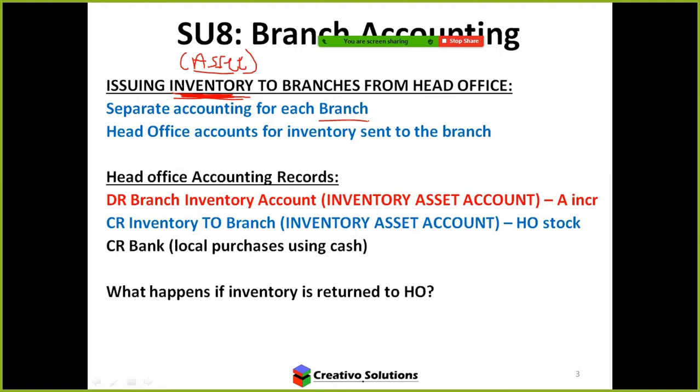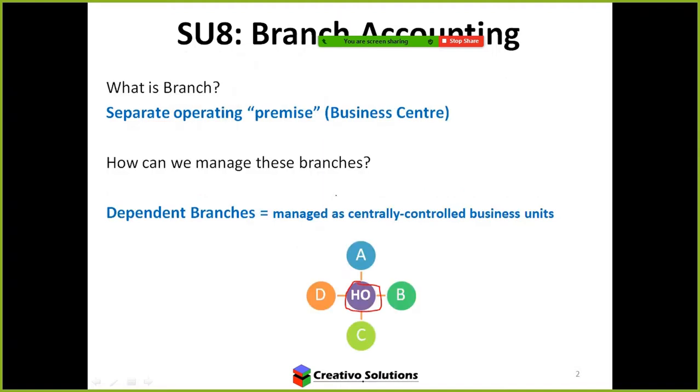The reason you need separate accounting is that record keeping. Sometimes each branch might be competing in terms of performance. There might be an internal performance evaluation to determine which are the better performing branches.